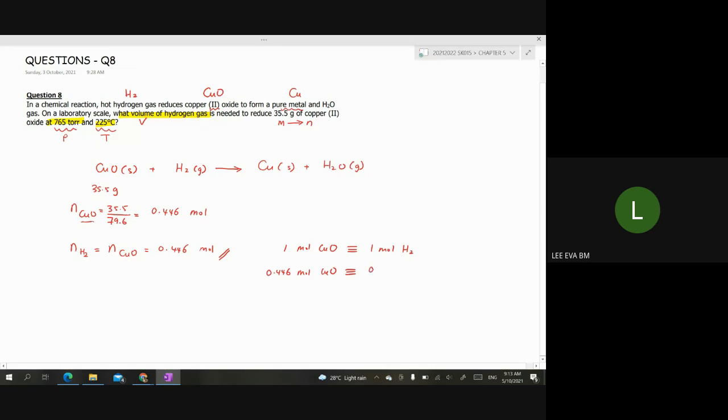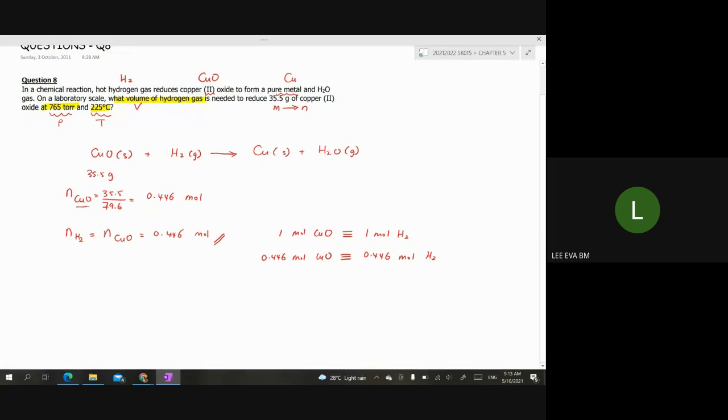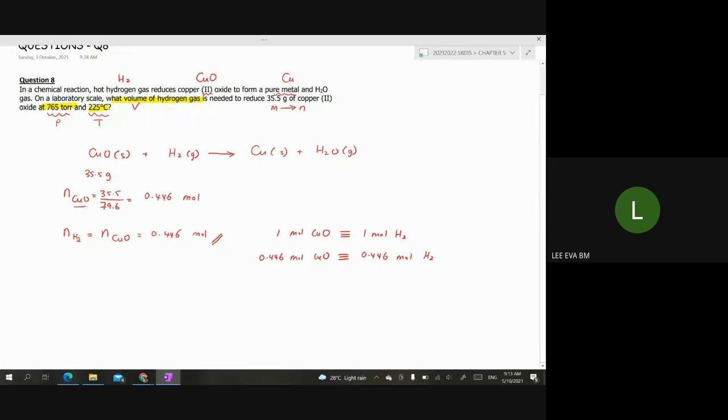Do you get this one? So kita apply balik stoichiometry daripada chapter 1. Is everyone okay?